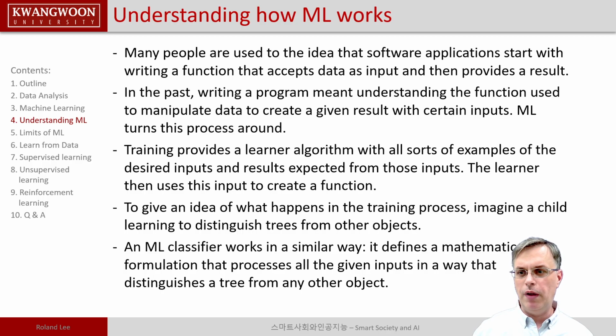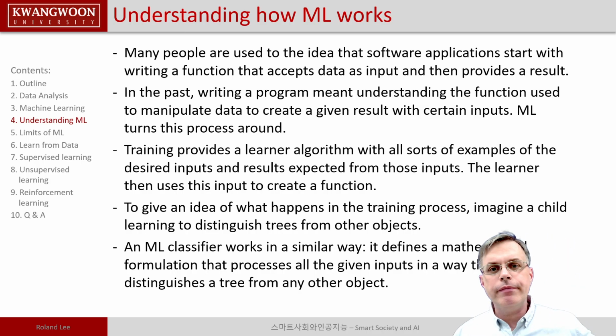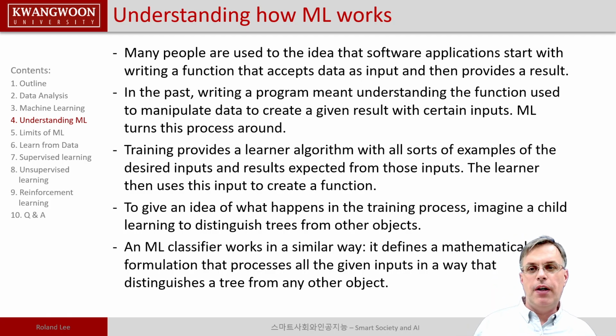For example, a programmer might create a function called add that accepts two values as input, let's say 3 and 5, and then provides a result which is in our case 8. The output of this process is the value.